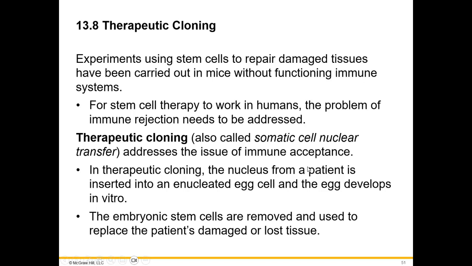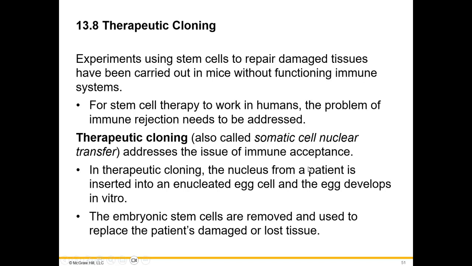One way to try and overcome that is with therapeutic cloning, which is also known as somatic cell nuclear transfer. This is a way of trying to address that issue of immune acceptance. In therapeutic cloning, the nucleus from that patient is going to be inserted into an enucleated egg cell, where the nucleus has been removed, and then we'll let that egg develop in vitro.